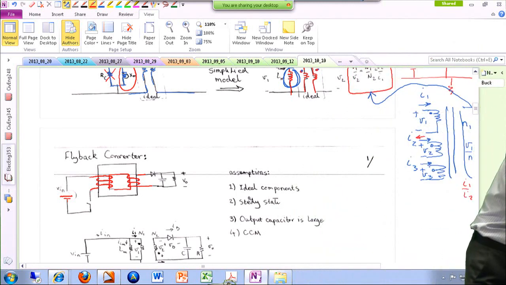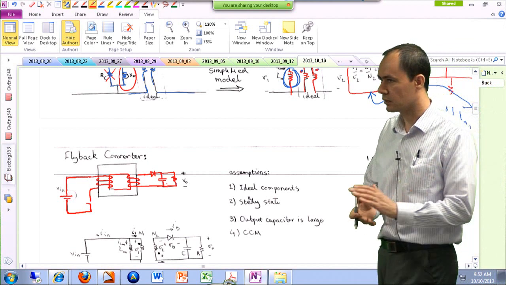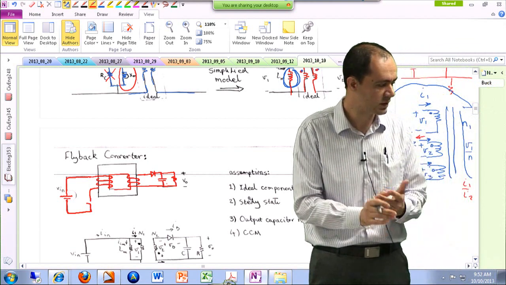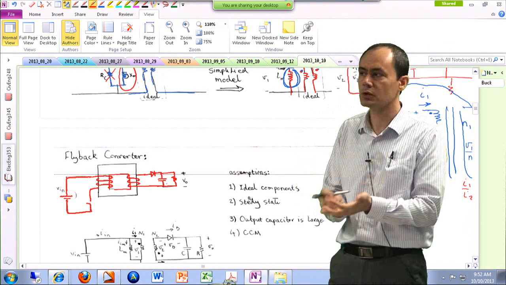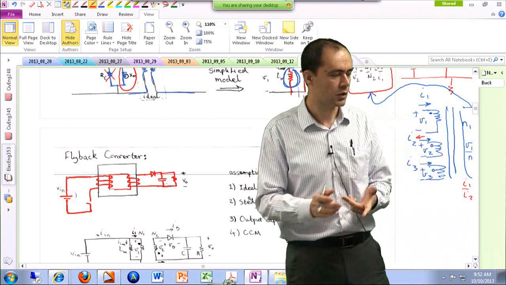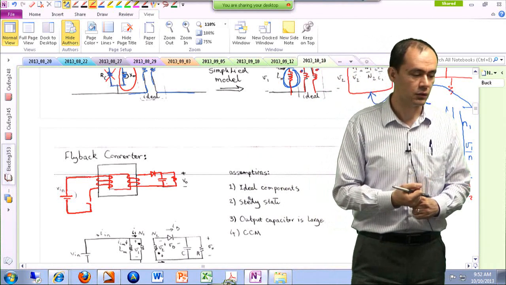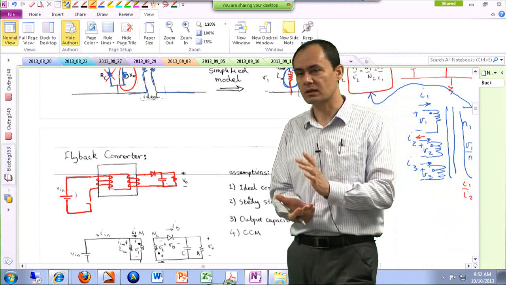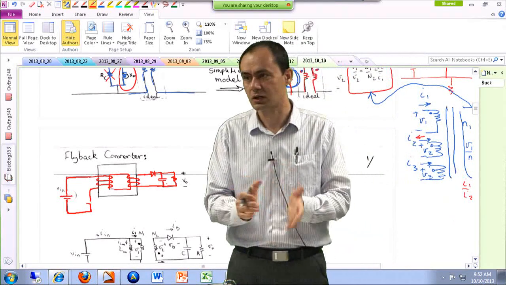On the primary side, you just connect a switch and your source. On the secondary side, you place this diode and this capacitor and form a loop, and then you place your load, obviously, in parallel with your capacitor. So as you can see, the classic components appear. We have one switch, one diode, one capacitor. We don't see an inductor, but the magnetizing inductance of the transformer is actually our inductor.